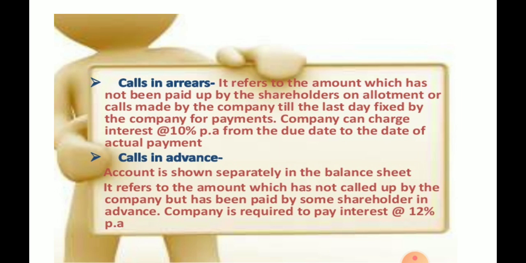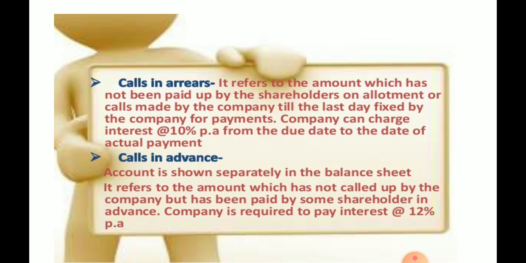Calls in arrear. It refers to the amount which has not been paid by a shareholder on allotment or call made by the company till the last date fixed by the company for the payment. The company can charge interest of 10% per annum from the due date to the date of actual payment. Okay.